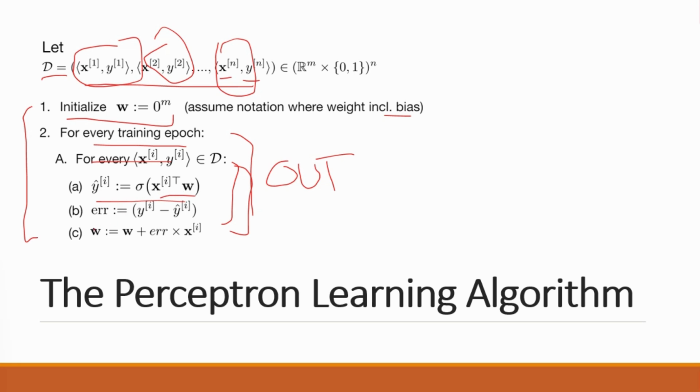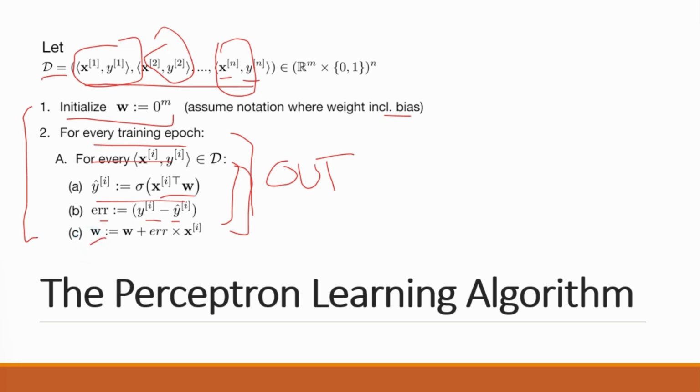And then we compute the error. The error is computed as the true label minus the predicted label. Why is that? Let's first assume the simple case where we make no error. If we have 0 and 0, then the error is 0. And if you look at row C here, we have the weight update.